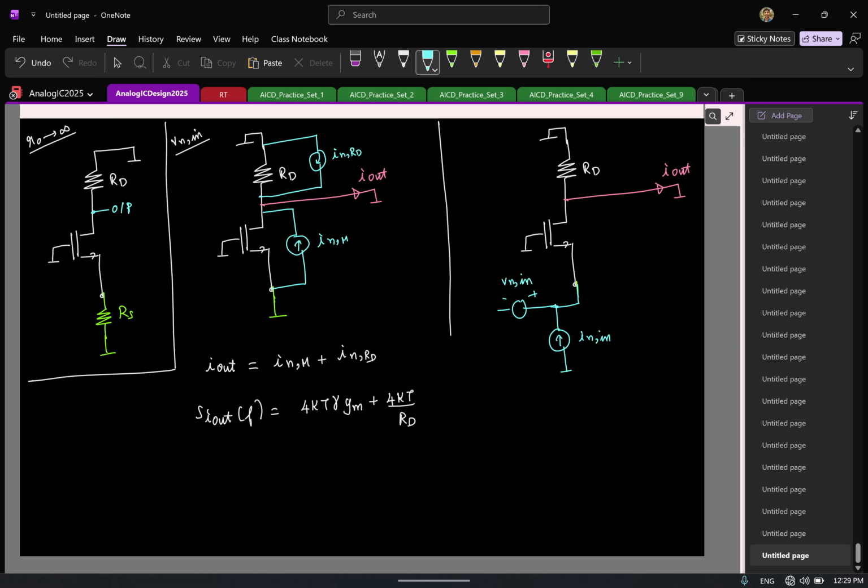Here you apply the input with the source resistance RS and V in. In this particular calculation, V in is 0 and RS is 0, so the input side is completely shorted to ground.